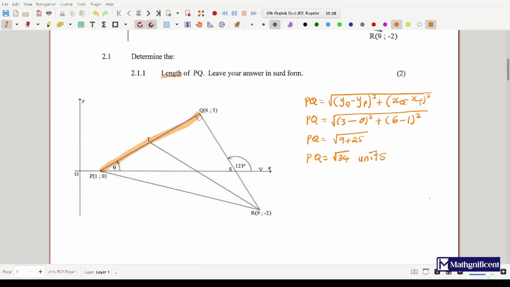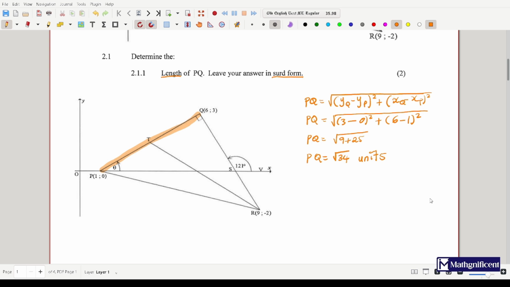So the length of PQ is equal to the square root of 34 units. Why do we leave our answer like this? Because remember that they said that we must leave our answer in the simplest surd form, right? So we don't have to round off this particular answer here.